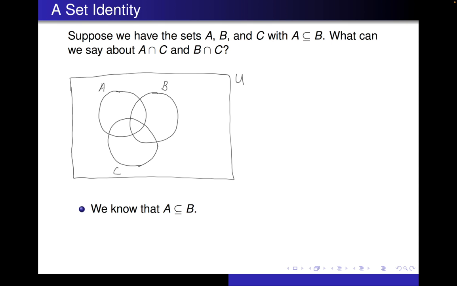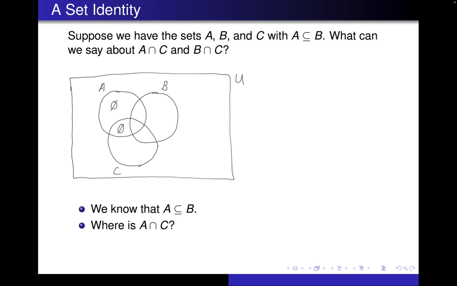So for instance, that region there that I have, where I have the empty set sign, there can't be anything in there, because if we had stuff in there, that would be elements in A that are not in B, but we're assuming that A is a subset of B. So there can't be anything in that region. There also can't be anything in the region with the other empty set sign, because again, those are elements that are in A but not in B, and you can't have that when A is a subset of B.